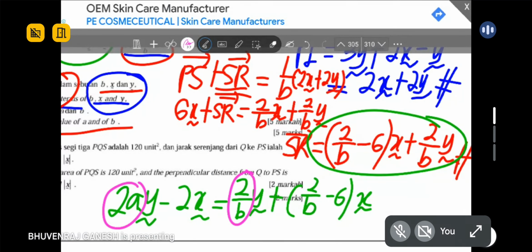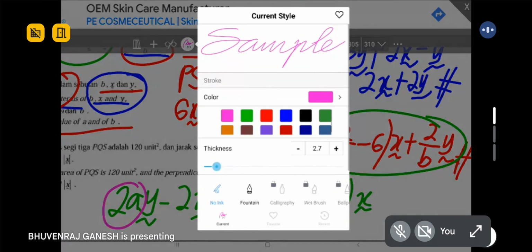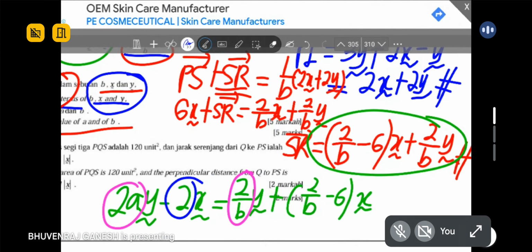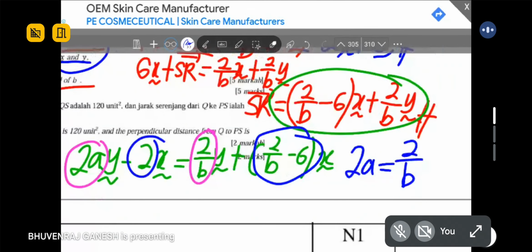Y compare with Y. X compare with X. I compare the coefficient. Bandingkan perkali X dan Y. So you have 2A equal to 2 over B. First equation. And you also have 2 equal to 2 over B minus 6.